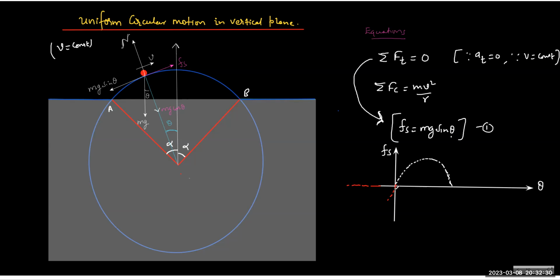So theta is actually from minus alpha to plus alpha, right? If I take this as a reference, then theta will vary from where to where?